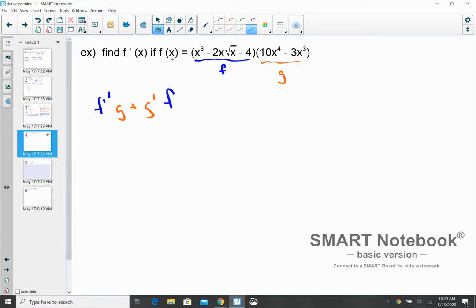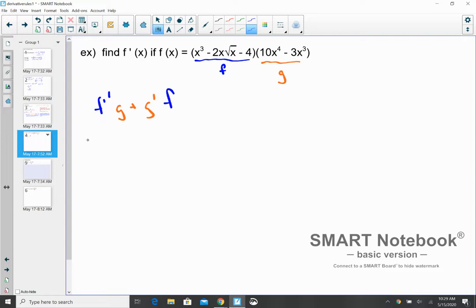By the way, people do get confused because they call the whole thing F, but the F and G down here below just represent rules for how you go through it. Really, F is the whole thing, but don't get confused. Just use the product rule.